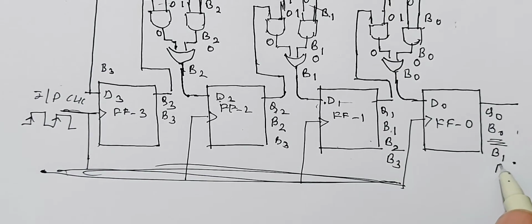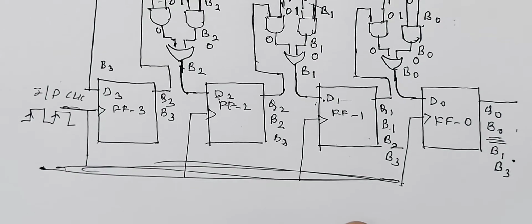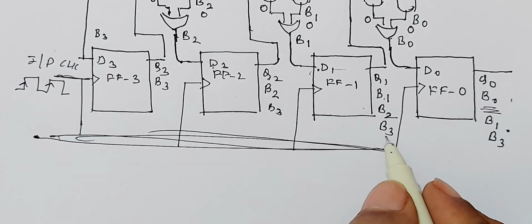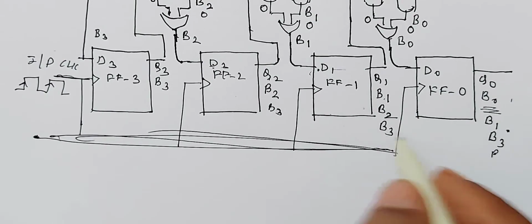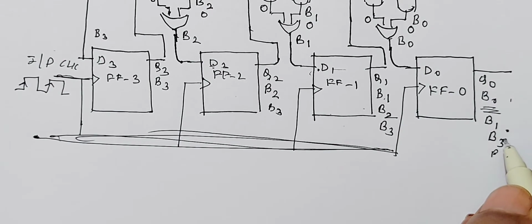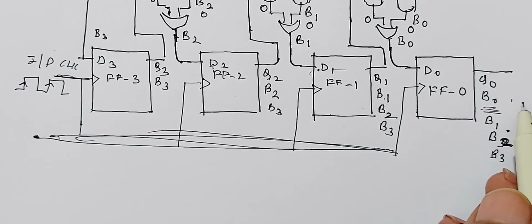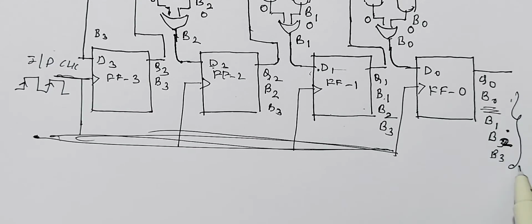This B2 is shifted here. You get 3 bits out. During the fourth clock pulse, this B3 is shifted. Yes, this is B2. Previous B2. B3 shifted here. Thus, you have taken all the 4 bits out, but one by one.